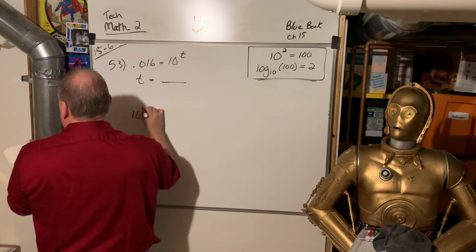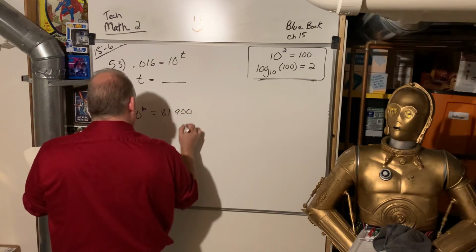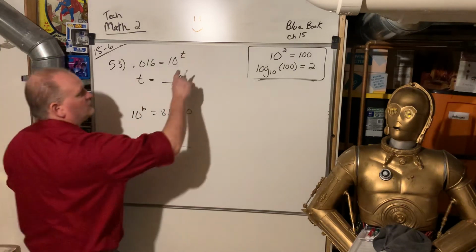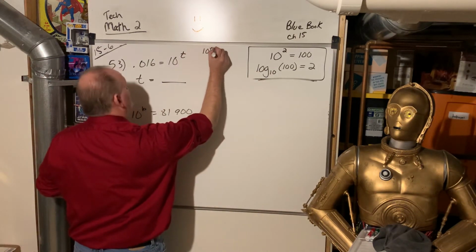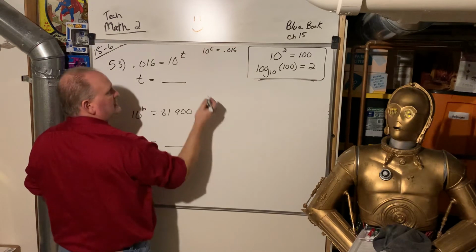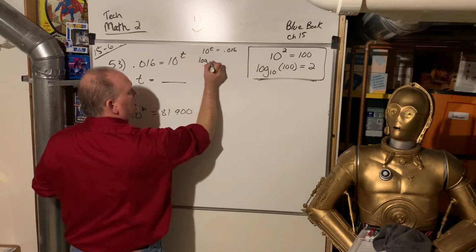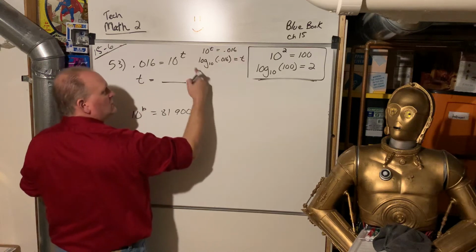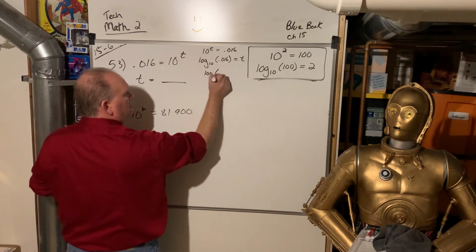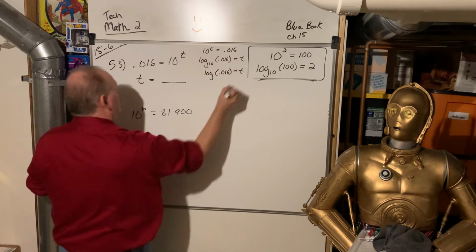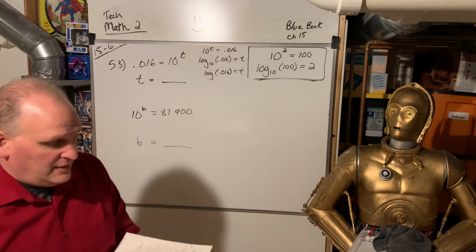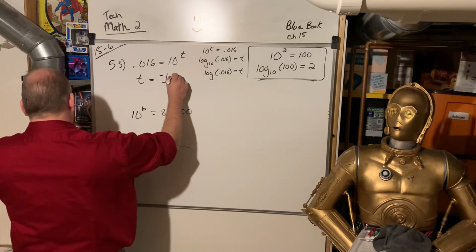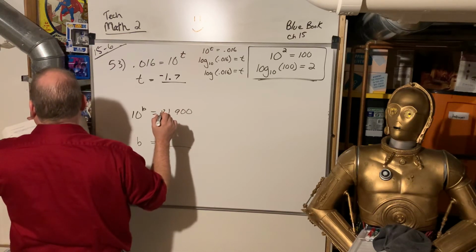And 10 to the b is equal to 81,900. And b is equal to what? So when I'm doing this, let's rewrite it. 10 to the t is equal to 0.016. So that is the log base 10 of 0.016 is equal to the power. So really all we have to do is click in our calculator log 0.016. And you pop that into the old calculator, that kicks out negative 1.7959.